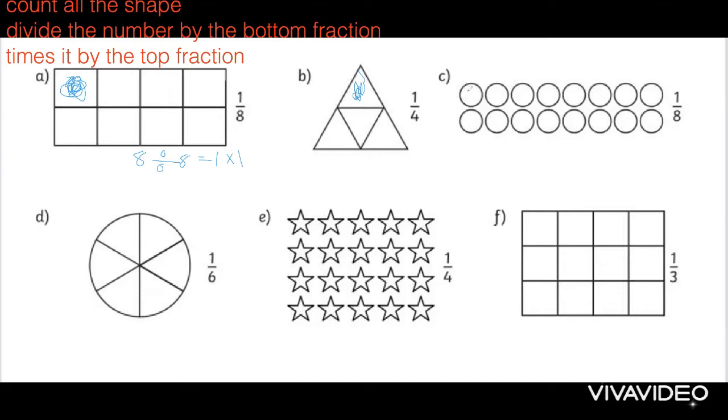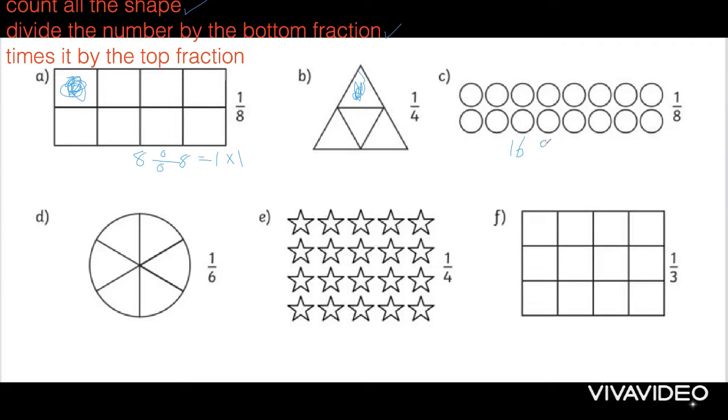So first of all, we count 2, 4, 6, 8, 10, 12, 14, 16. So the first rule: count all the shapes, ticked off. We counted all of them, it's 16. Then we do the second rule, divide the number by the bottom of the fraction.